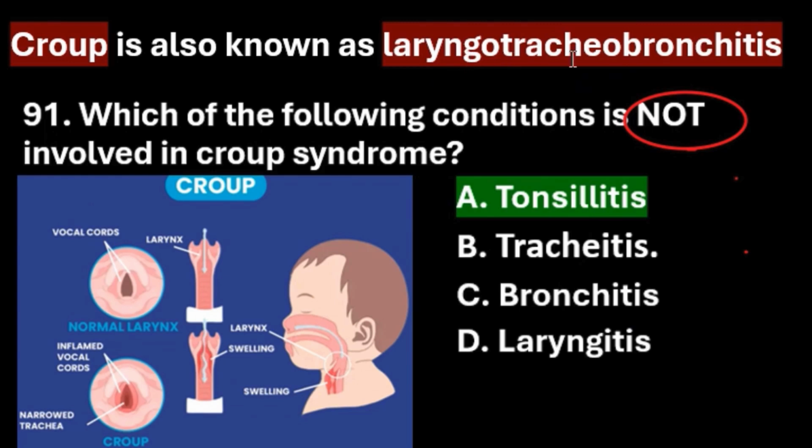Laryngitis is there, tracheitis is there, bronchitis is also there. So 3 inflammations are there: tracheitis, bronchitis and laryngitis, but tonsillitis is not added there. So the word not is very important. So this is not added.